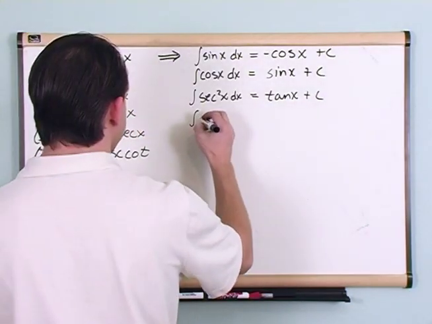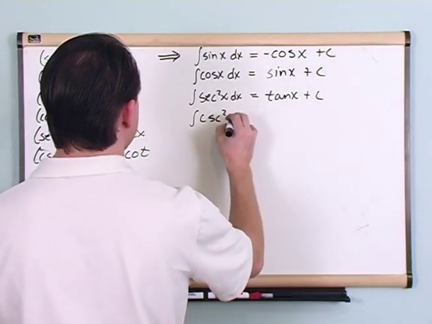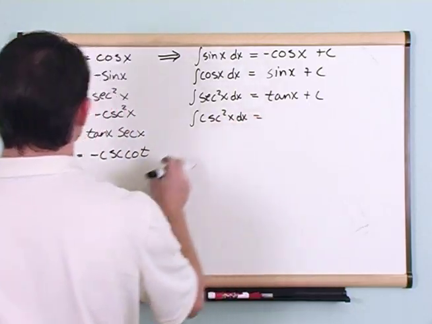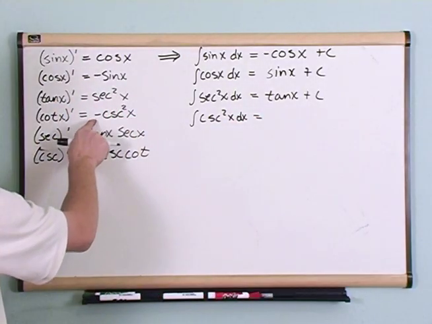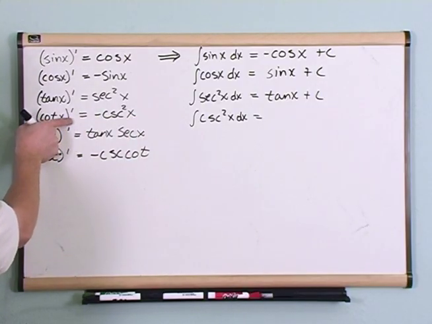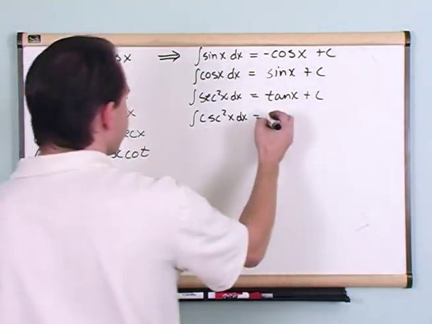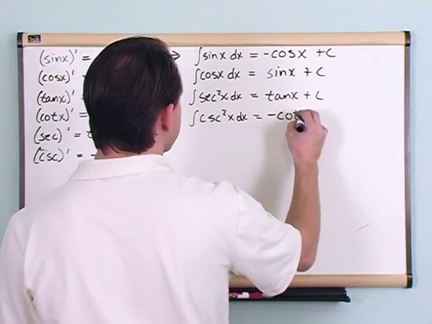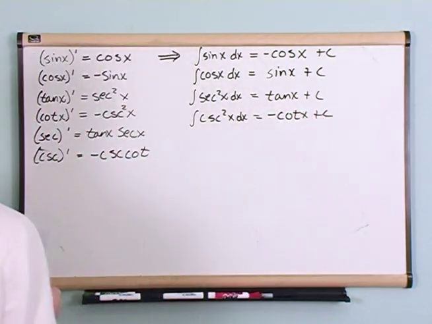The integral of cosecant squared: if the integral of negative cosecant squared would give me positive cotangent, well, because I have this negative here, this is going to be a negative cotangent of x plus a constant.